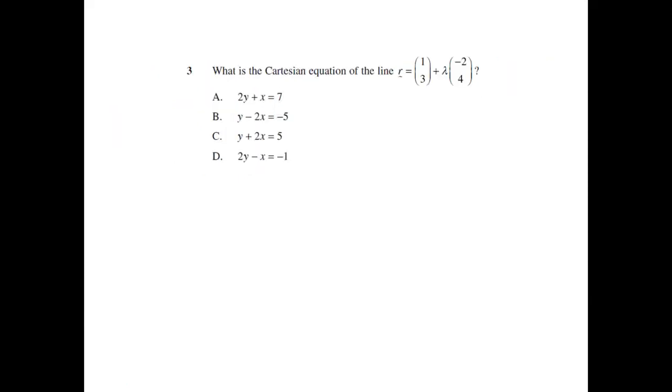Question 3, they asked to find the Cartesian equation of this vector. The most common response is C, then it's A, D, and B. And the correct result is C.